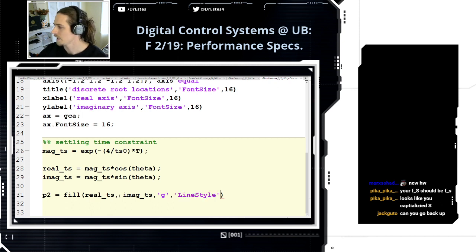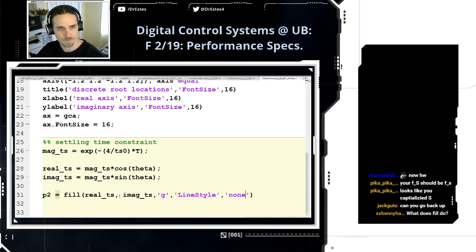For the line style, none. There's going to be no line. What does fill do? You're going to see in just 1 second. It fills a shape. Because what we've done is we've made a circle, and this fill is going to fill that circle. This alpha value makes it transparent.